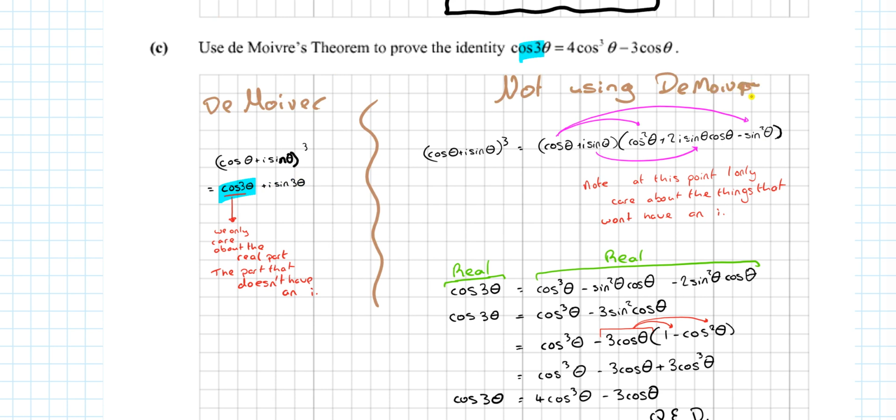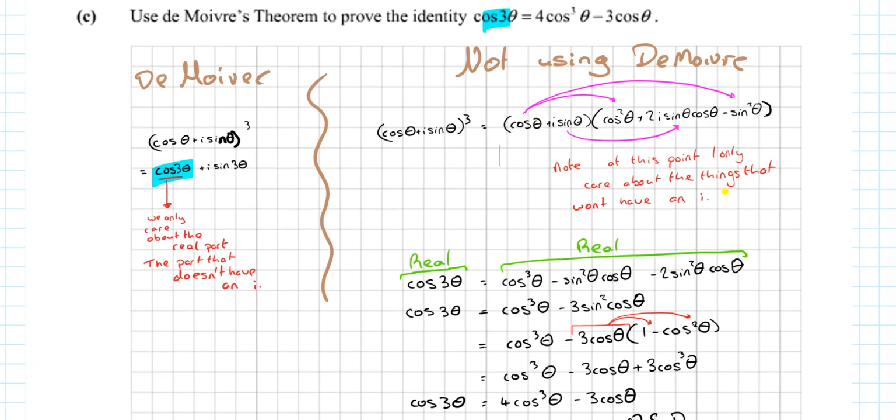Just because I'm using a theorem to multiply it out, or I'm multiplying it out the long way, it should be the same thing. So note, at this point, I only care about the things that won't have an i, because the cos doesn't have an i over here. If the question was talking about sine 3 theta, I would be taking only the bits that would have an i, because the sine 3 theta has an i over here.